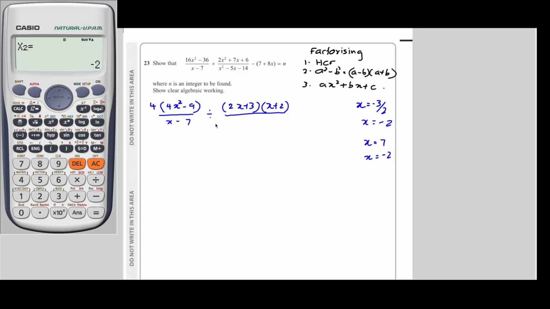If we write them as factors, x equals 7 we need to reverse the sign, so x minus 7, and x plus 2. We can erase this.